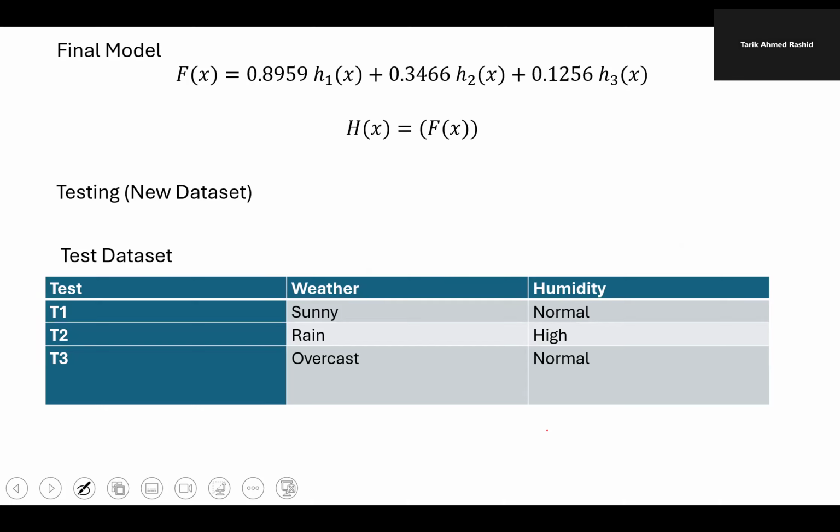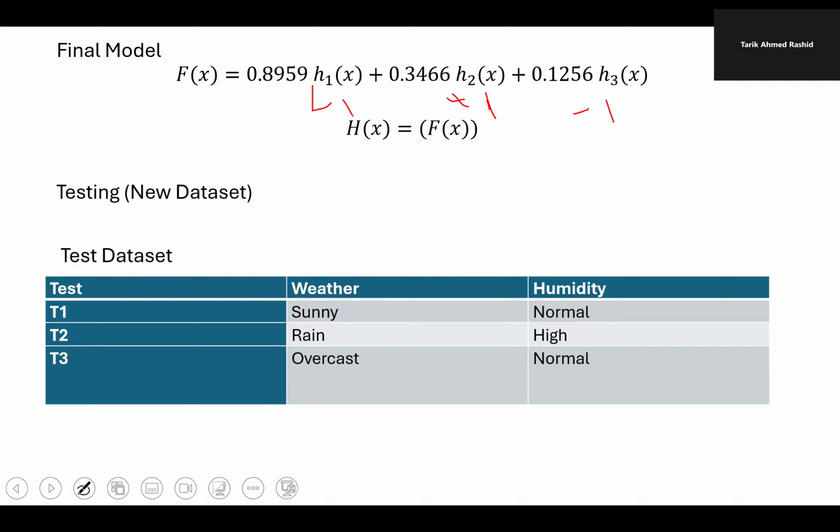And H2, it was about rain, so it was plus. And H3 is normal, should be -1. So this -1, H3, this is +1, and this is -1. So, and then we multiply, and we'll see what happened.